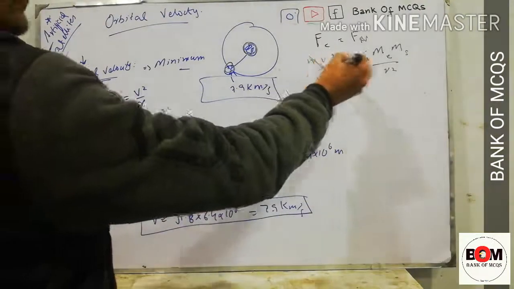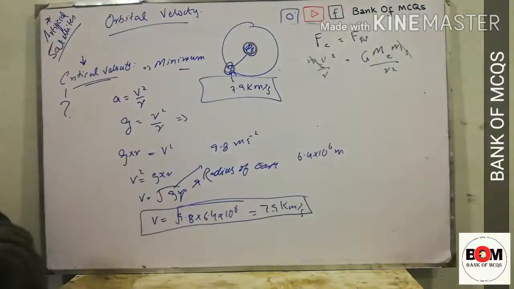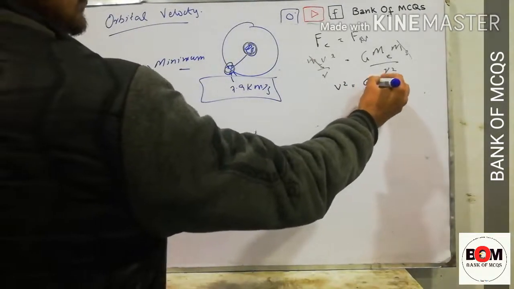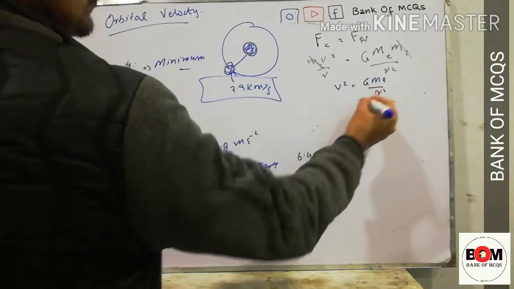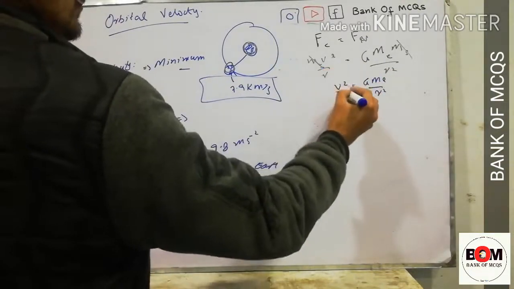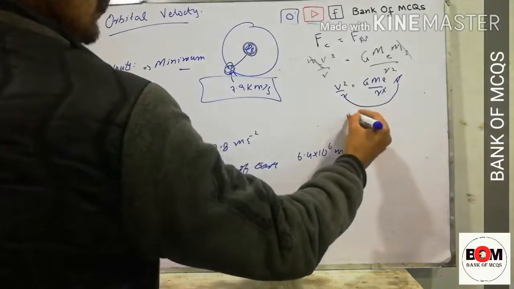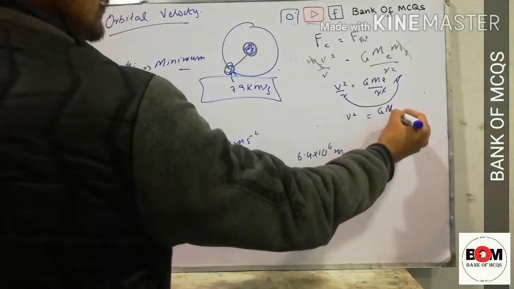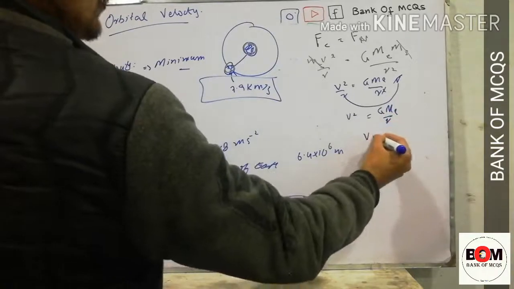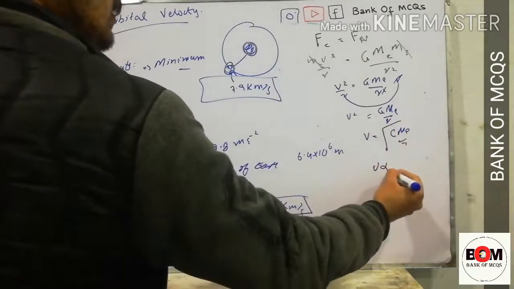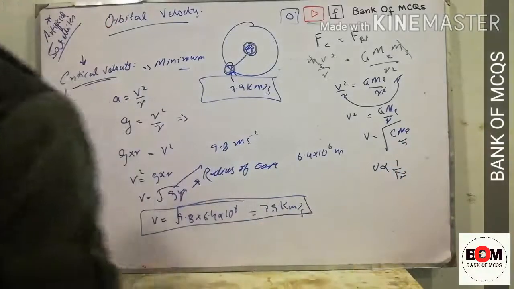Ms cancels with m. Then we get v square is equal to G Me divided by r square, and one r shifts to the other side, cancelling with r square, so we get v square is equal to G Me divided by r, or v is equal to under root G Me divided by r, so v is proportional to 1 by under root r.